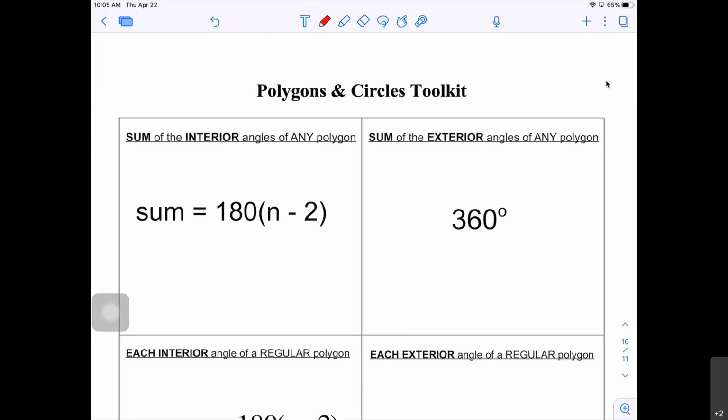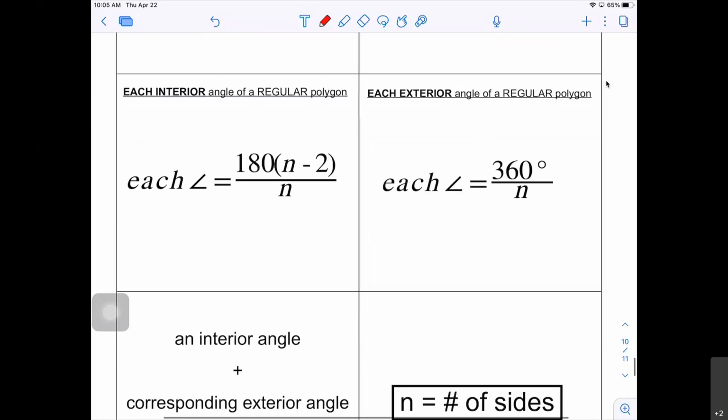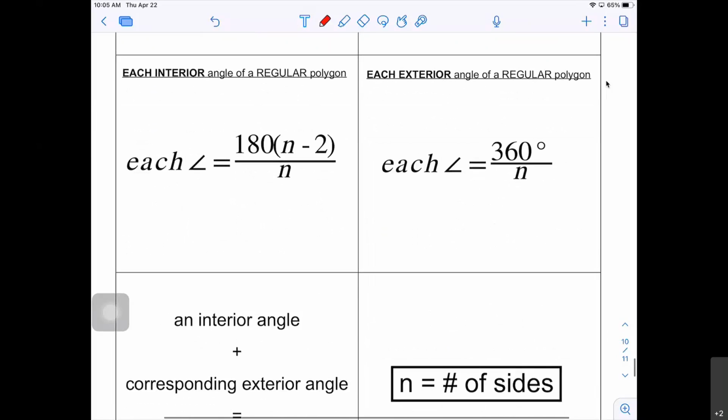If you notice, I did not just throw these in random boxes. I tried to organize the boxes as well. Left-hand side, we're talking about interior angles. Right-hand side, we're talking about exterior angles. Then, on the left-hand side, if I wanted to find each interior angle, you take the sum of all the interior angles and divide it equally.